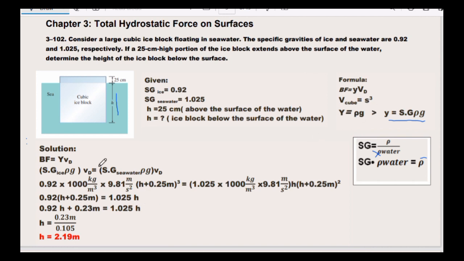from the s cubed. So the side of the cube is h plus 25 centimeter. Since the same measurement, we will have (h plus 0.25 meter) cubed as the volume of the cubic ice block, equals the density of seawater 1.025 times 1000 kg per cubic meter times 9.81 meter per second squared times the volume of the seawater, h times the area (h plus 0.25 meter) squared.